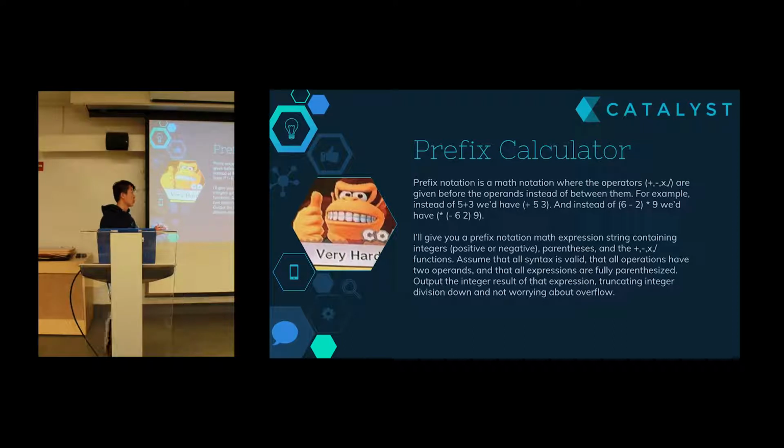A couple of important assumptions behind this, right? We're going to assume that everything is space separated. So if we wanted to separate this expression into its individual tokens, like a number or an operator or an open or close parenthesis, we'd be able to do so pretty easily.